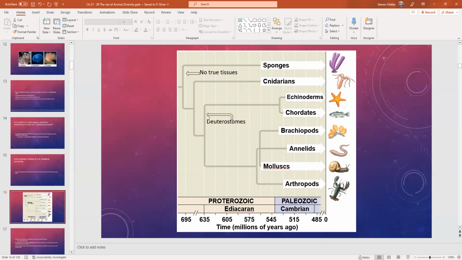We see the Cnidarians start to branch off during the Ediacaran. And then later on during the Cambrian Explosion, the others start to branch off. Okay. So somewhere about 540 million years ago or so, we start seeing half of the animals that we currently have branch out.